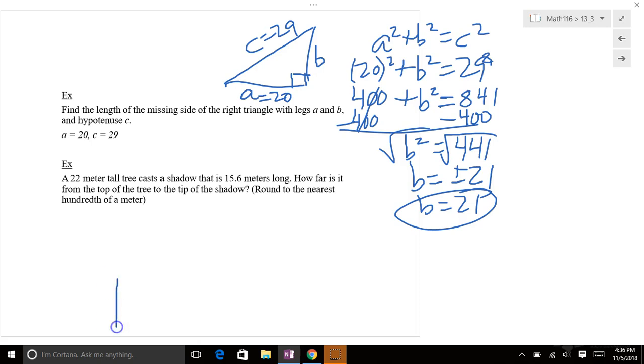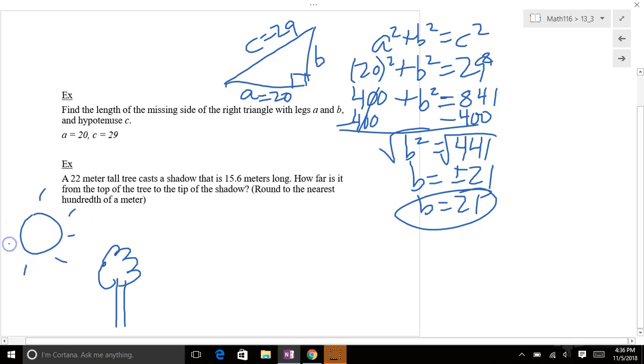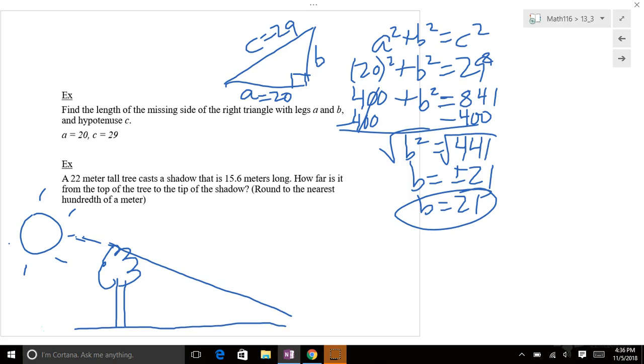Next one here, you've got a 22-meter tall tree casting a shadow. So let's say we've got this tree, and you've got the sun here, and the sun's rays are going like this, casting a shadow on the ground.